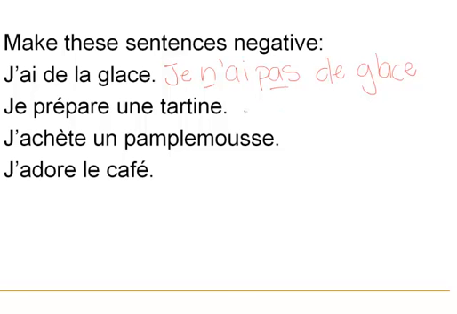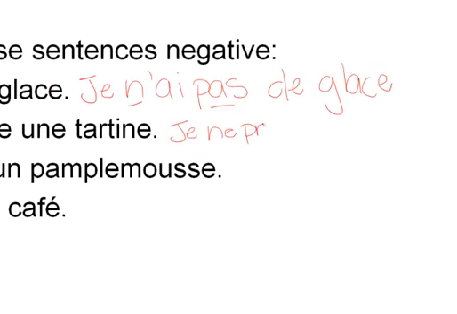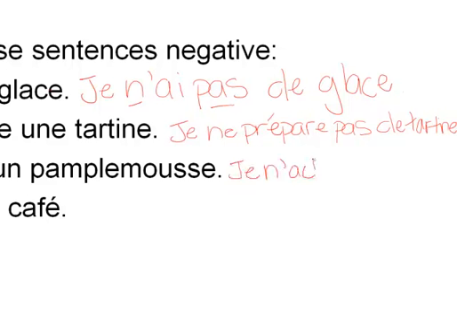To say I did not prepare a tartine, je ne prépare pas de tartine. To say I'm not buying a grapefruit, je n'achète pas de, oh, I'm running out of room, so I'll put it down here. Pamplemousse.